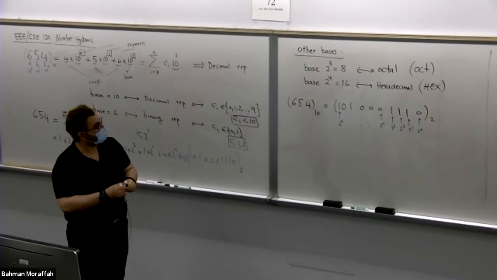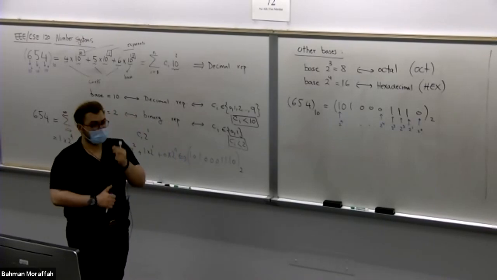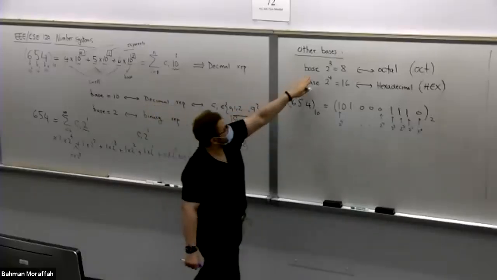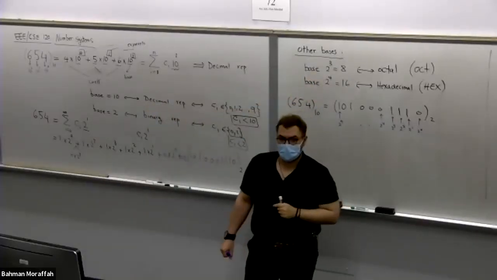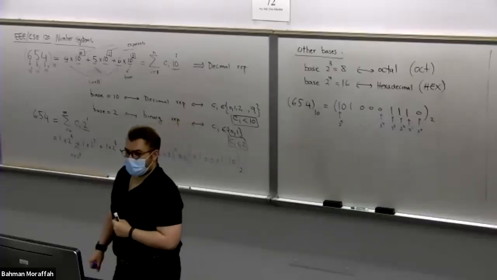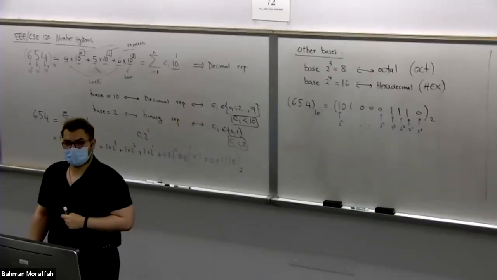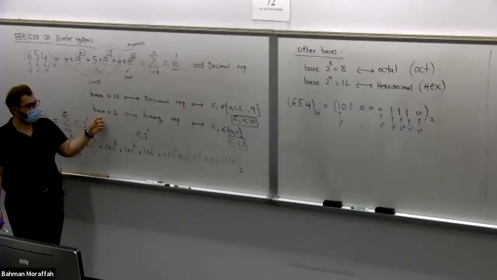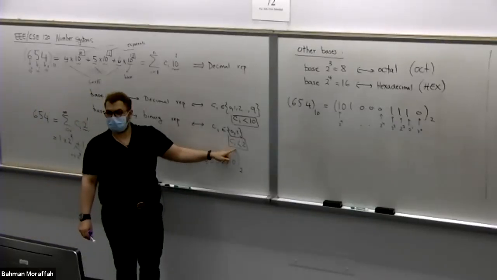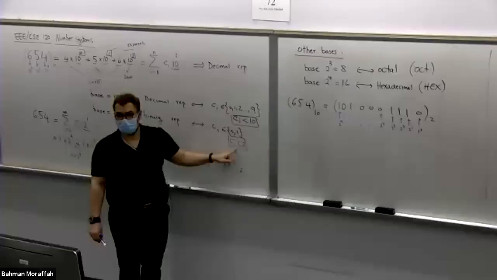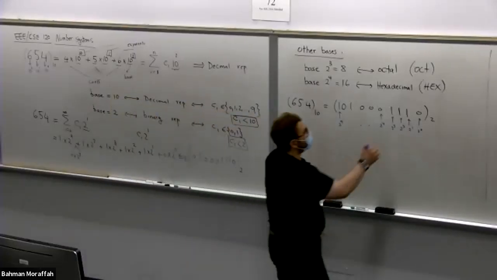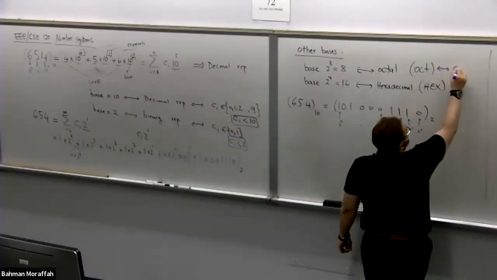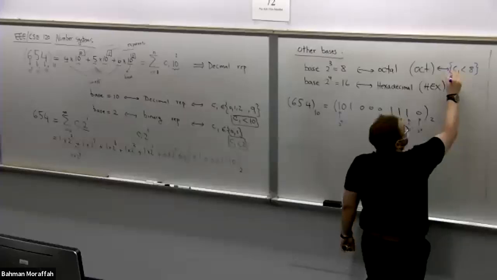Let's talk about something really quickly before we get there. This is base 8, right? What is the range for the coefficients? With the exact same logic, if it was base 2, the range was less than 2. So over here, the range should be less than 8.